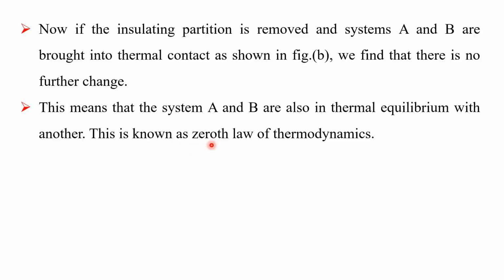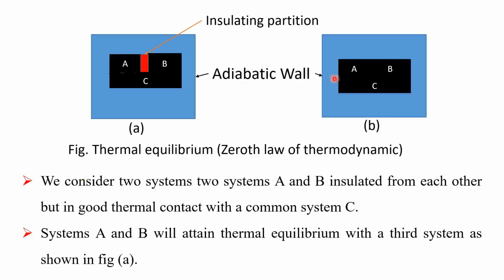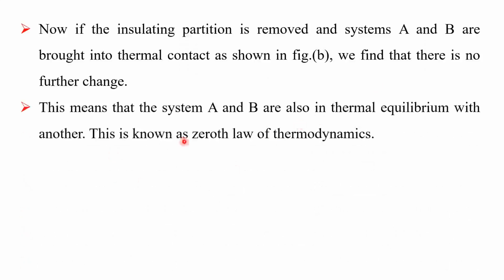This is known as the zeroth law of thermodynamics. Means these two systems A and B, being in thermal contact with C, are also in thermal equilibrium with each other. That is known as the zeroth law of thermodynamics.